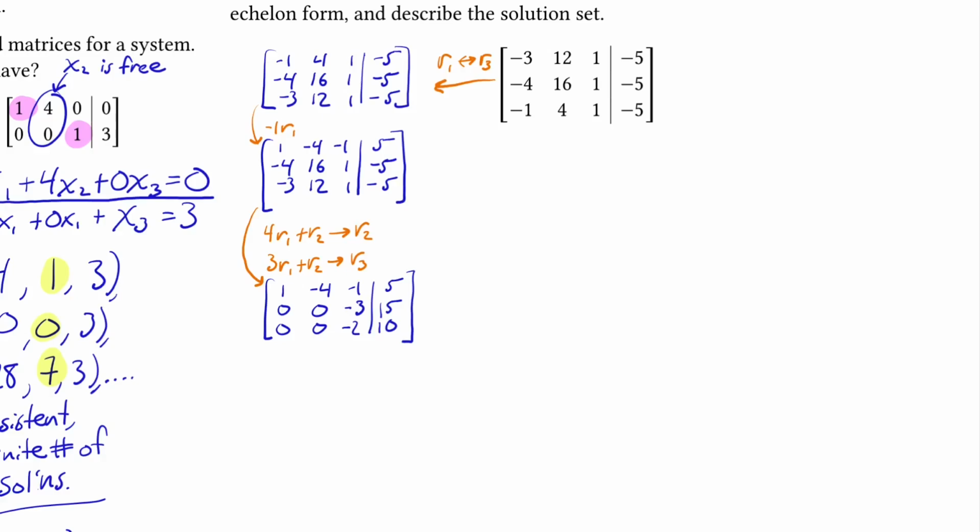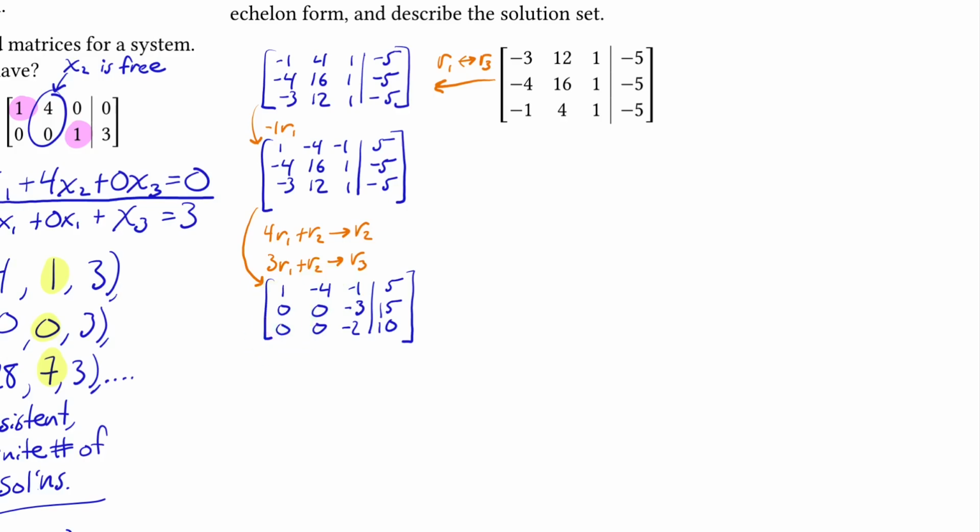So at this point, you can tell we're getting somewhere. We're getting closer to being in row echelon form. Strictly following the strategy from 1.1, we should be trying to get an x2 in this position here, a 1 times x2 term, but that's not really possible because below here there's no other x2 terms, and we don't want to use this negative 4x2 from the first equation because that would mean involving the x1 where we don't want it.